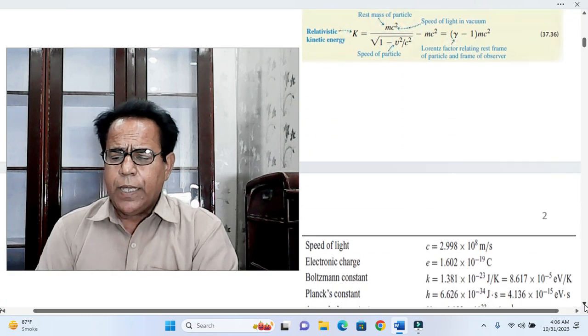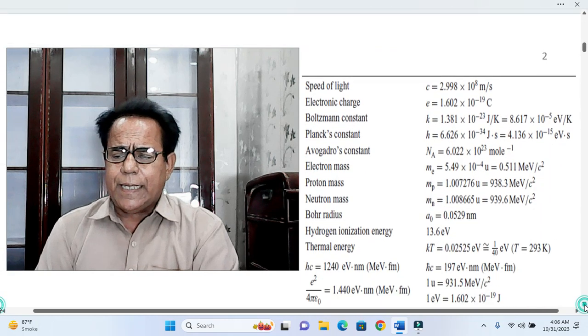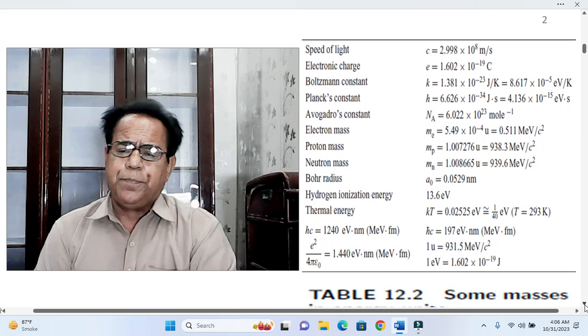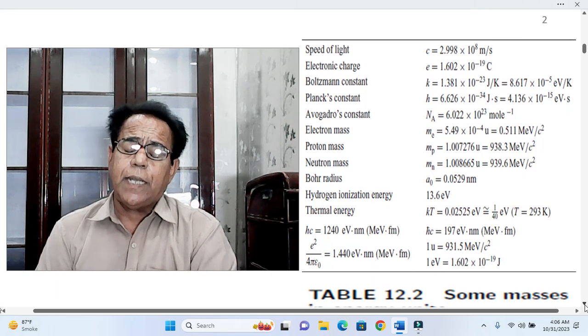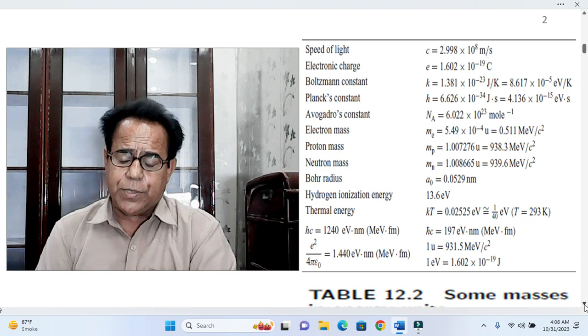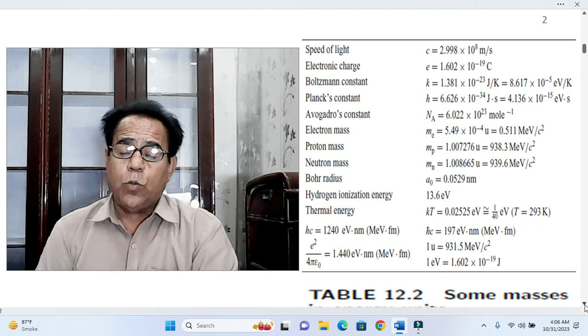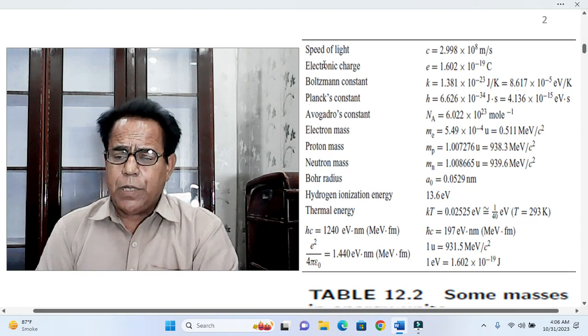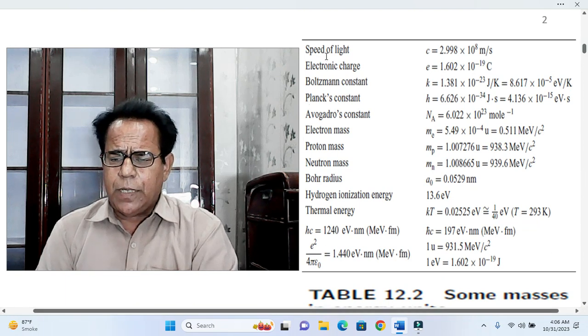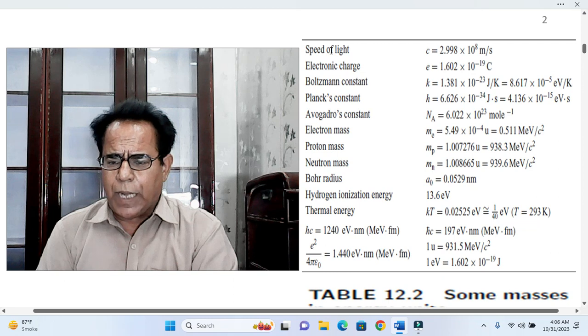Next, there is a table of physical constants. This table has also been included several times in our previous problems, so it will not be discussed in detail. From this table, we will use the value of the speed of light.